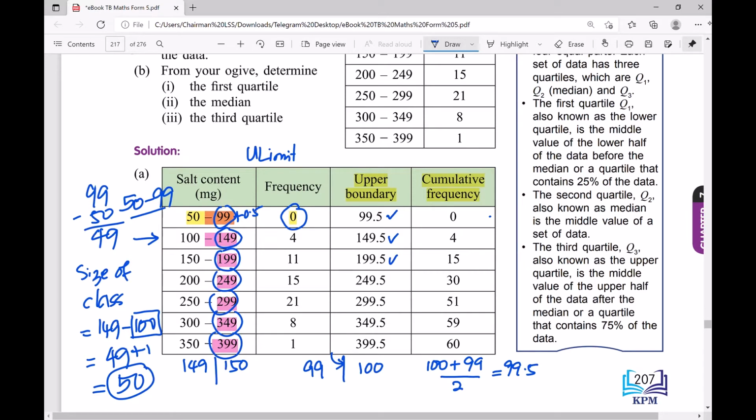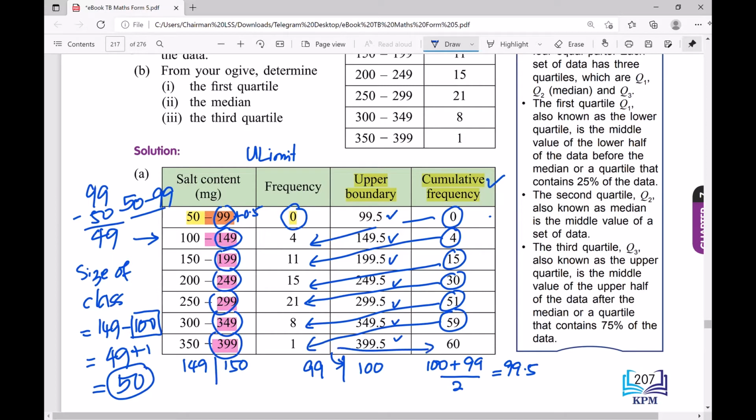When you have got all your upper boundaries, now you find the cumulative frequency. Now you know what's the use of cumulative frequency. You add. The first number is of course 0. Then 0 plus 4, you'll get 4. 4 plus 11, you get 15. 15 plus 15, 30. 30 plus 21, you'll get the number here.